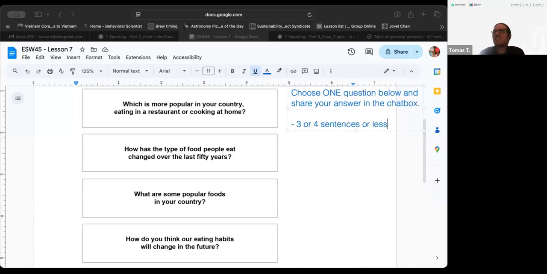So actually for these answers, 4 sentences or less is enough. You need to just answer and give an example or explain why this is your answer. All right, choose one question below, share your answer in the chat box. We'll give you all about 5 minutes.